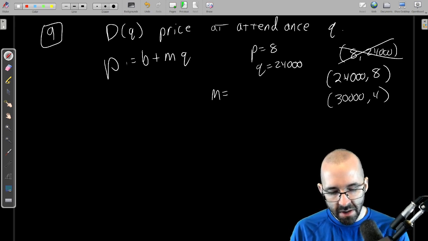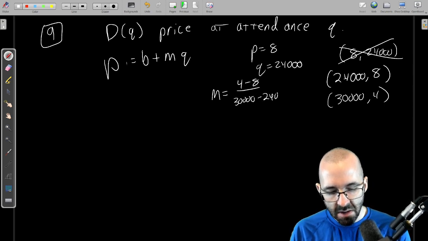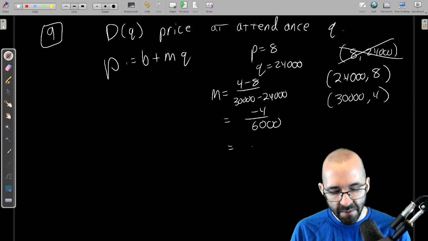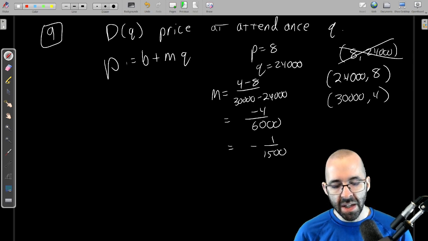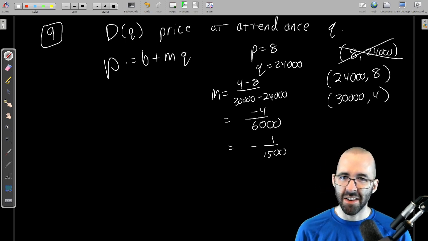Slope is change in output, second minus first, over change in input, second minus first. You'll get -4 on the top and 6,000 on the bottom. You simplify that, it's -1 over 1,500. Which means, that's kind of weird.